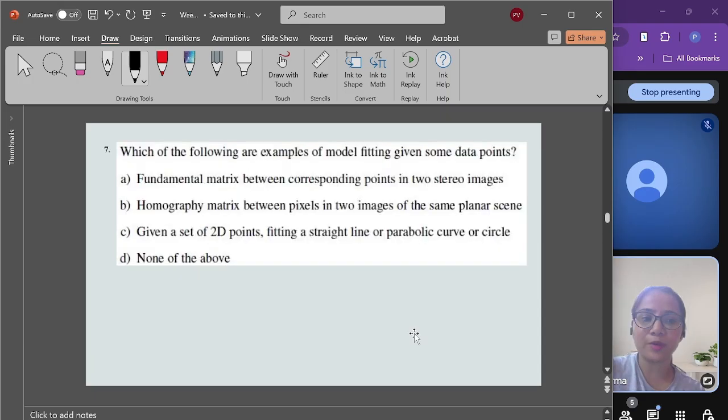Option C is, given a set of 2D points, fitting a straight line, parabolic curve or circle. Option D is none of the above. So can you guess which option should be the correct one? Any one of you?